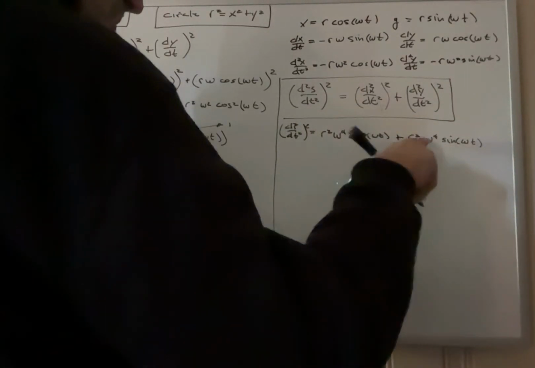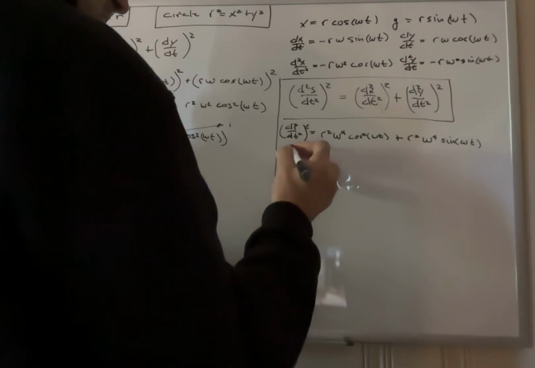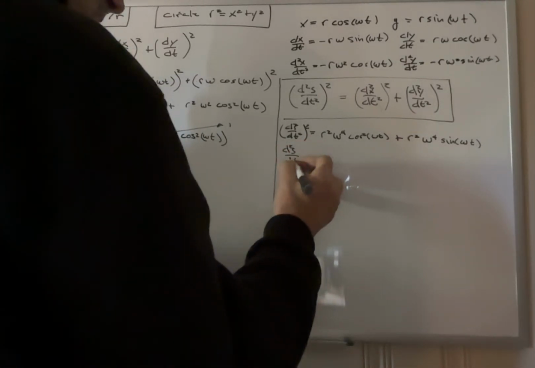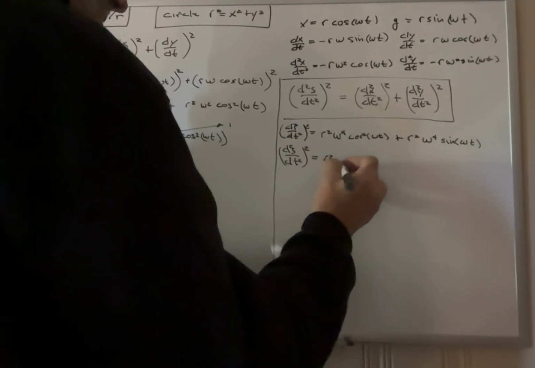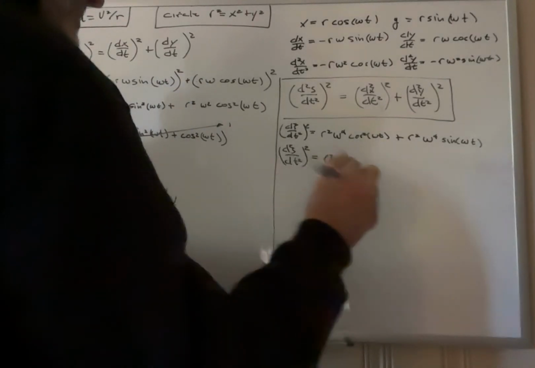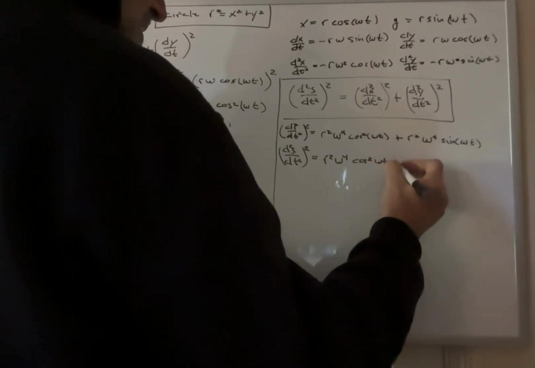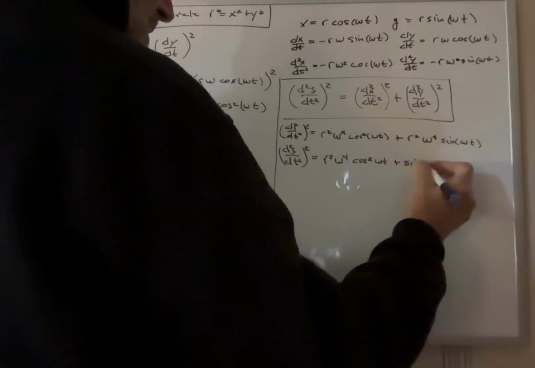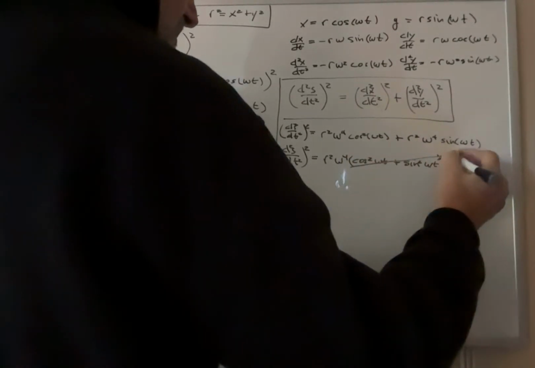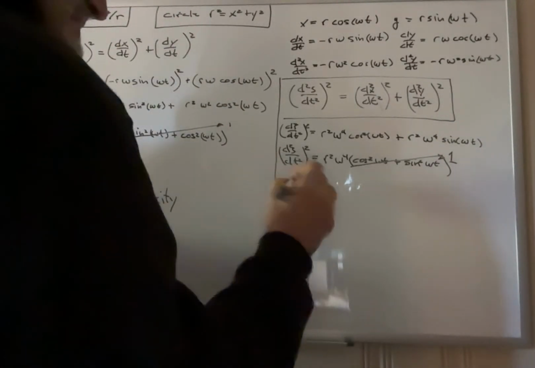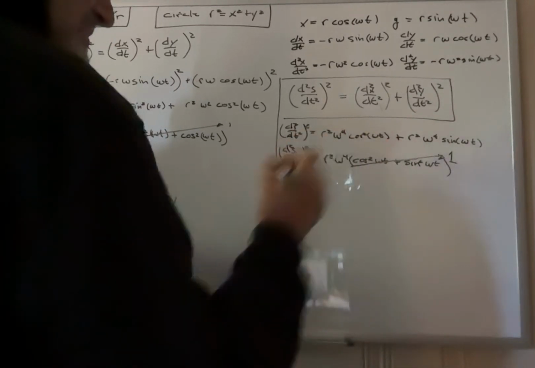So let's factor out the r squared w to the 4th: (d squared s/dt squared) squared is equal to r squared w to the 4th times (cosine squared wt plus sine squared wt), and we know this is equal to 1. This is our acceleration, so let's take the square root of both sides.